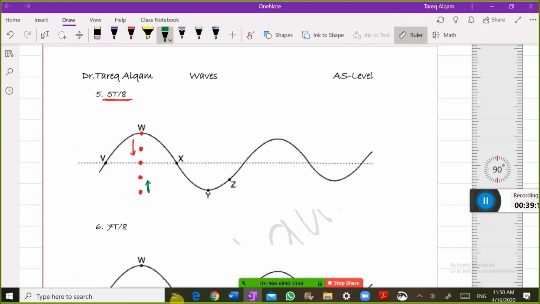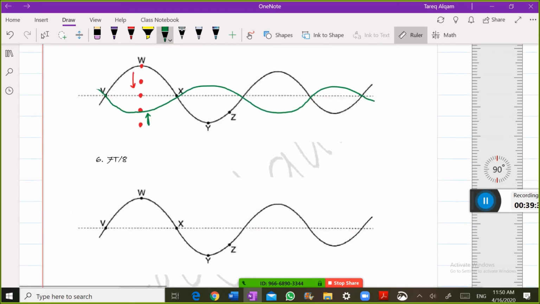And you have to follow what? The pattern here. You have to follow the pattern. Again, guys, this is after half period, which is 4T over 8. Then this is at 5T over 8. This is what? 6T over 8. This is at 7T over 8.